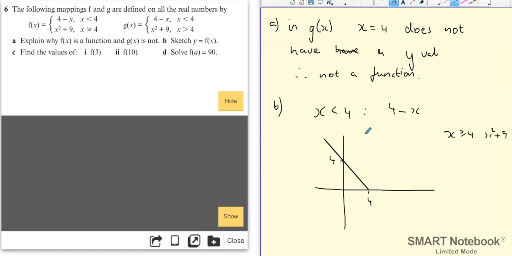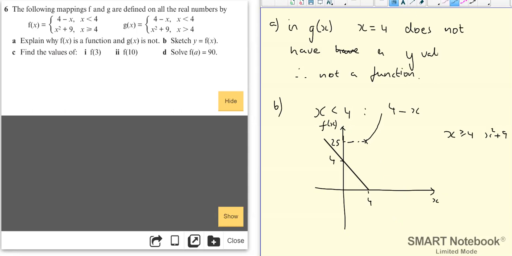So at 4, I'm going to have a y value of 25. And it's going to look like a quadratic, something like that. Does that make sense? Are we happy with the sketch for f of x? This is x and this is f of x.